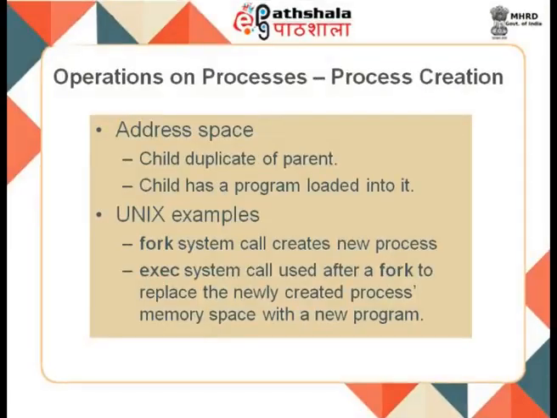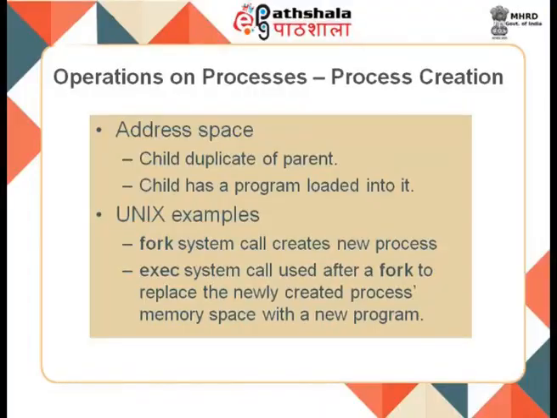The other one is the address space of the parent and the child. The address space is nothing but the text, data and stack sections of a process. When a new child process is created by the parent, the child can share the address space of the parent, or the child can have a new program loaded into it.